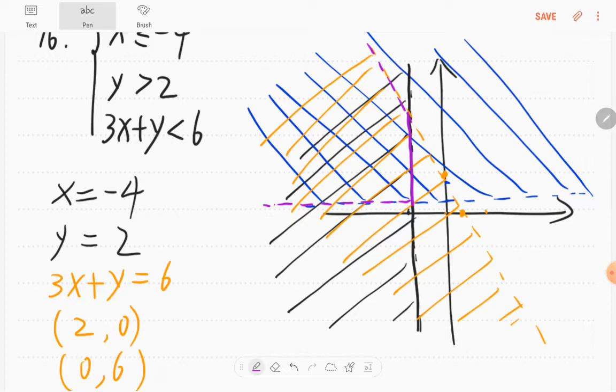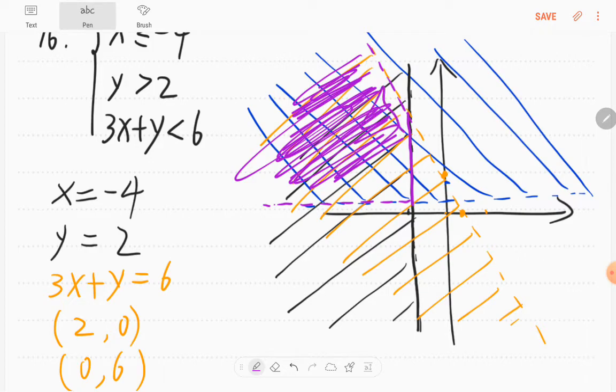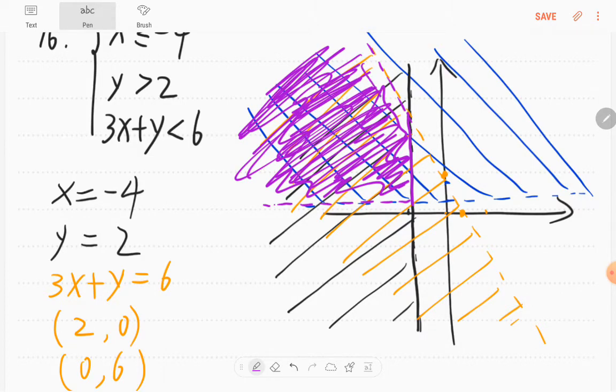And this is the common part, right? And between it would be the region. This region is unbounded, right? Because you have no boundary on this side. So this is called an unbounded region. Okay, so this is the graph.